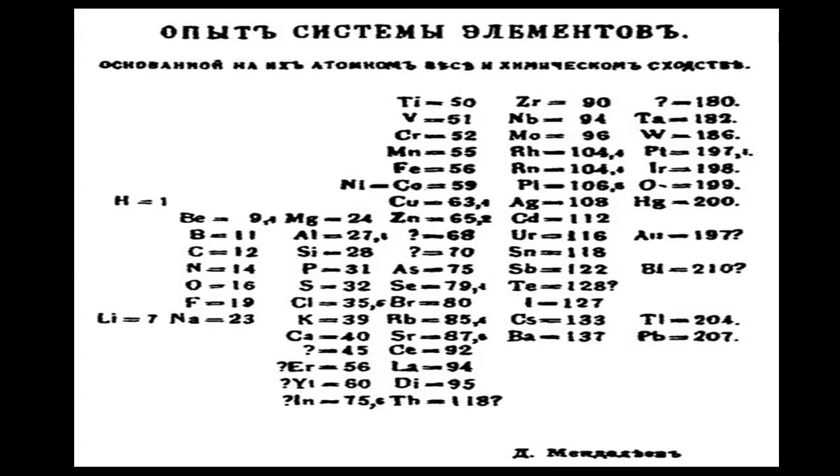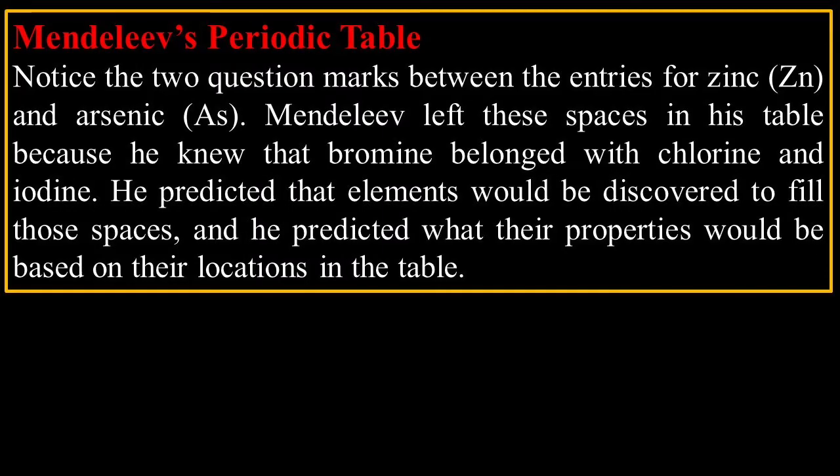So you have chlorine, and some question marks under zinc, 68, 70. Then there's bromine, 80. Notice the two question marks between the entries for zinc and arsenic.